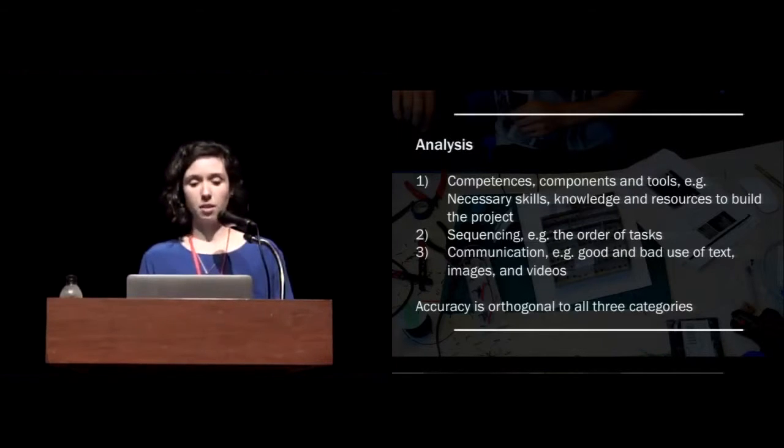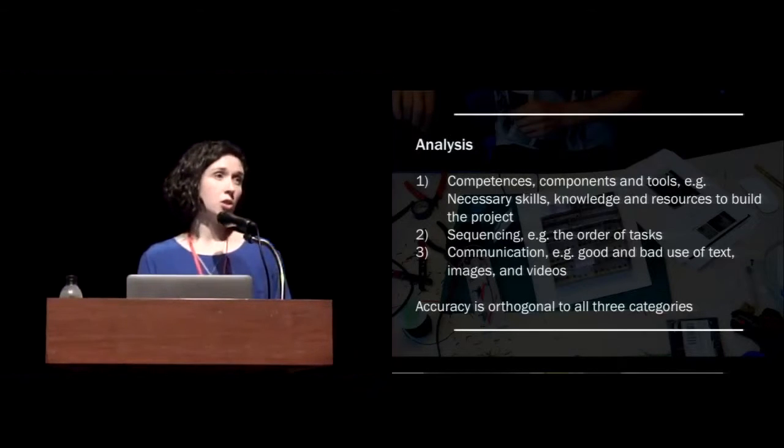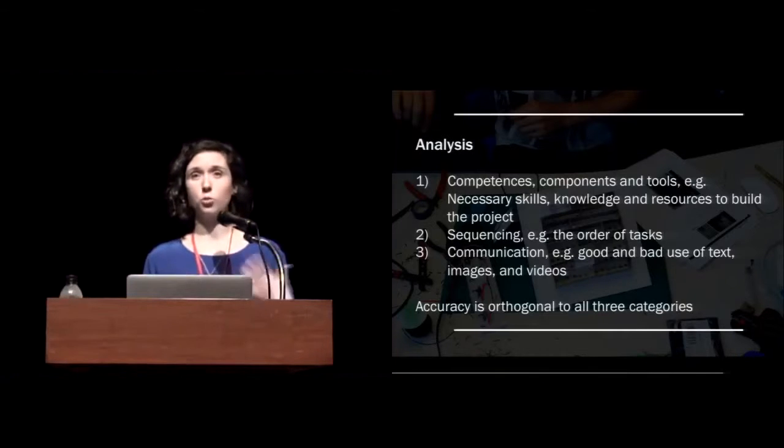Secondly, we looked at the sequencing, or the order of the tasks that are required to accomplish the project, hopefully presented in a chronological way. And then finally, we looked at communication, so the good and bad use of text, and also how images and videos would support that text or sometimes hinder the understanding of it.